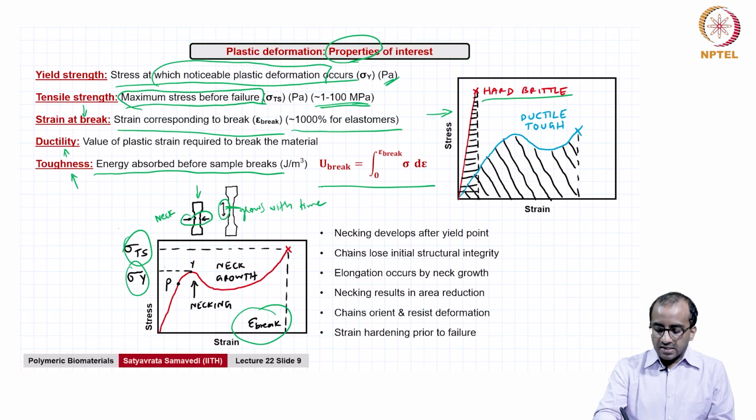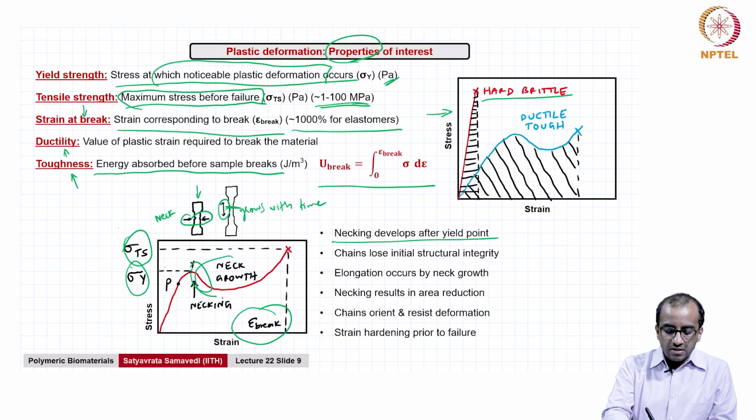Now, this necking, like I said, typically develops after the yield point, and for this kind of material, an example of which is shown in this stress strain curve, the chains initially lose their structural integrity and the elongation occurs by neck growth in this region.